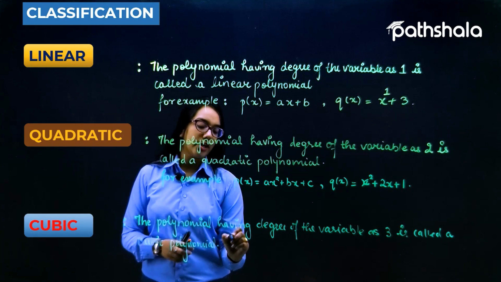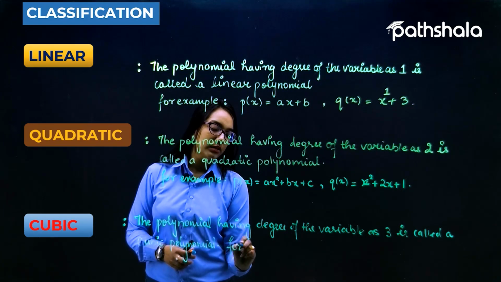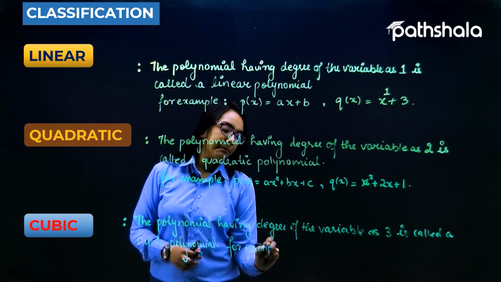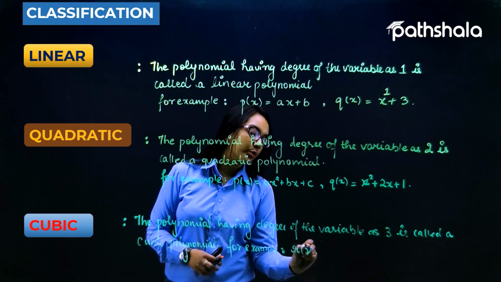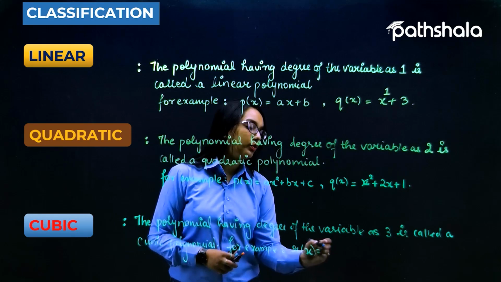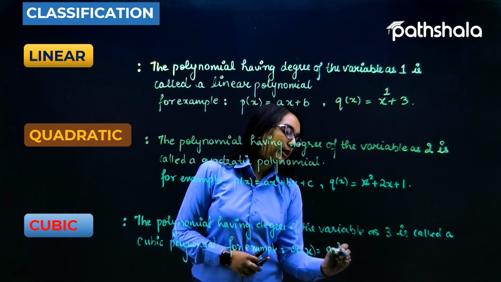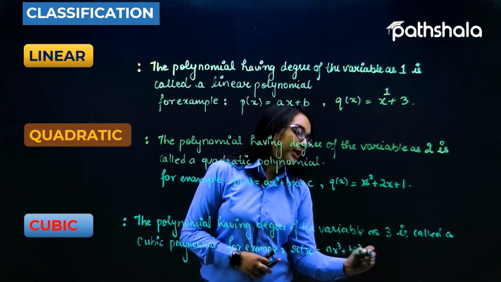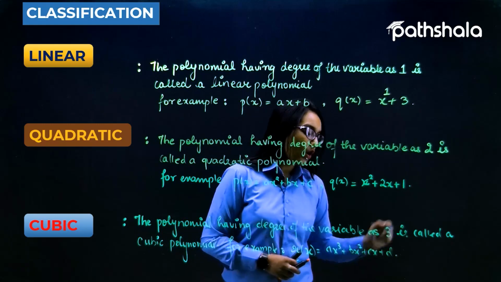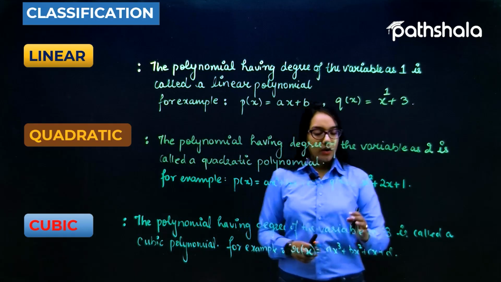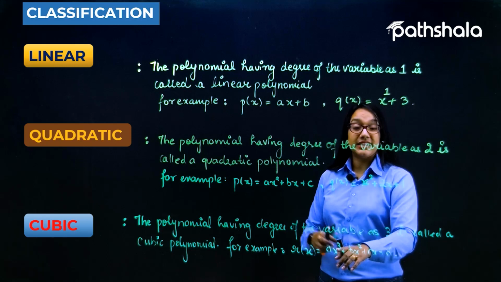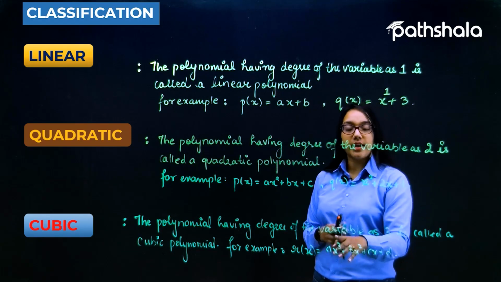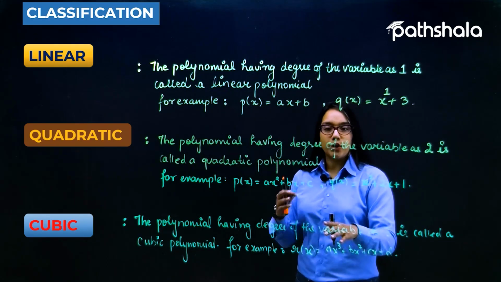For an example, let r(x) be equal to ax cube plus bx square plus cx plus d. Obviously, the highest power of the variable over here is 3, or we can say the degree of this polynomial is 3. That is why it is called the cubic polynomial.